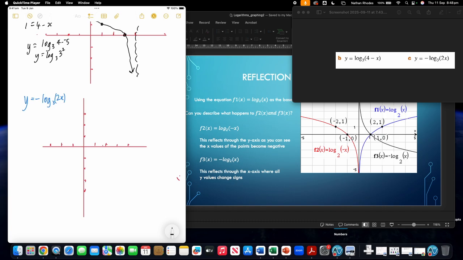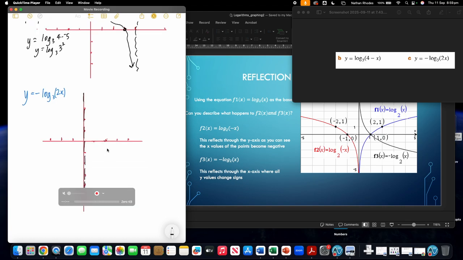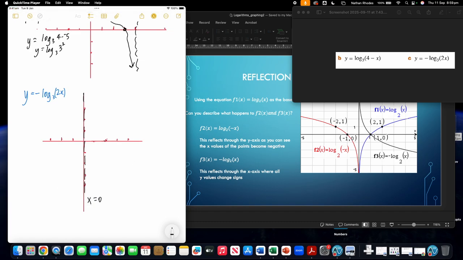Of course, there's a dilation in it, there's a number in front of the x. We've got the asymptote for this one, which is x equaling 0.